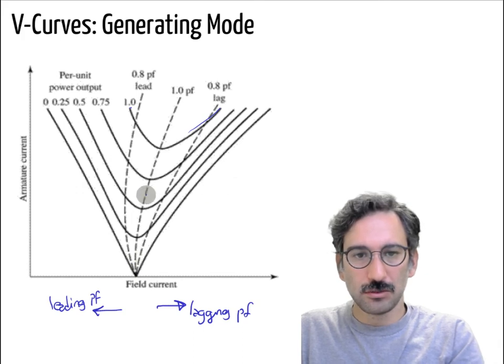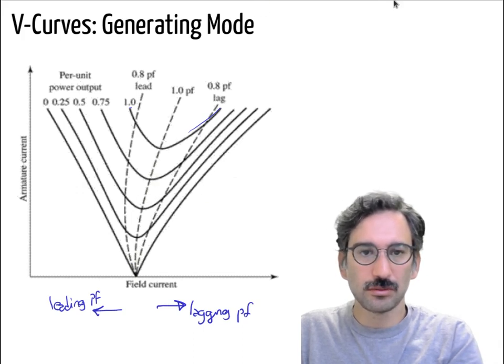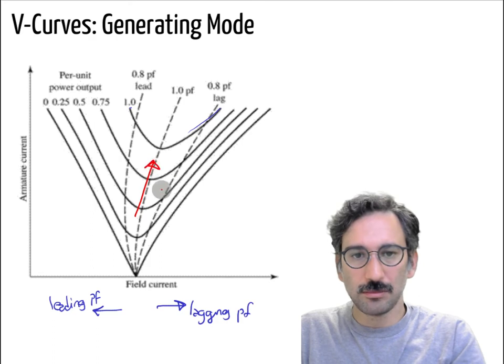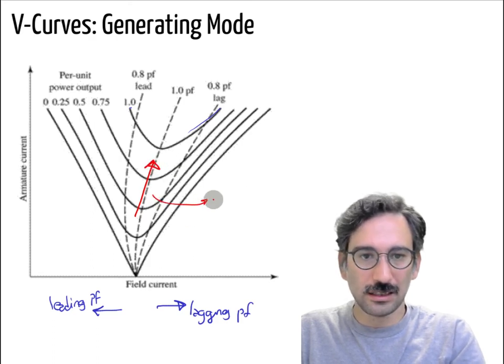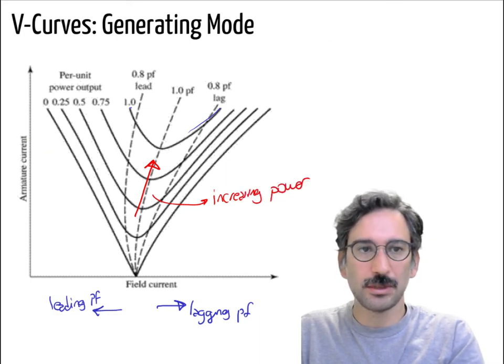And as you go up, that is increasing power. This is armature current.